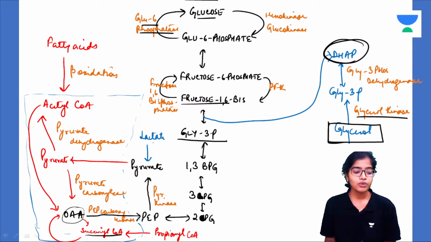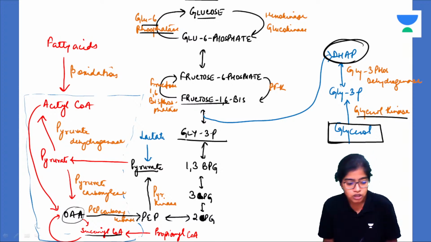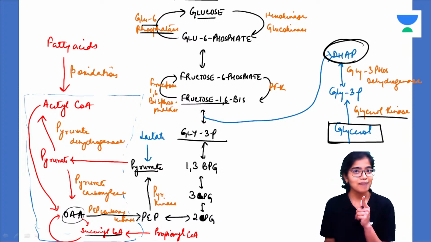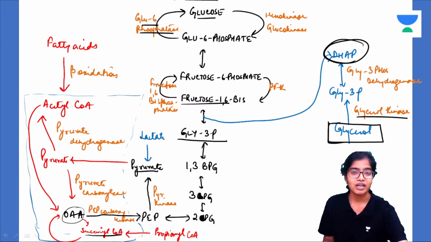Now another molecule that we read was lactate. How does lactate form glucose? Lactate will be converted into pyruvate. Then pyruvate will have to go backwards to produce glucose. How does it happen? We have read the first step, pyruvate converting into phosphoenol pyruvate.